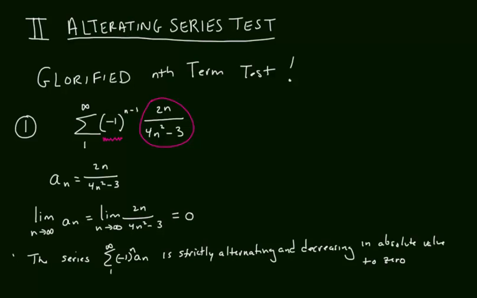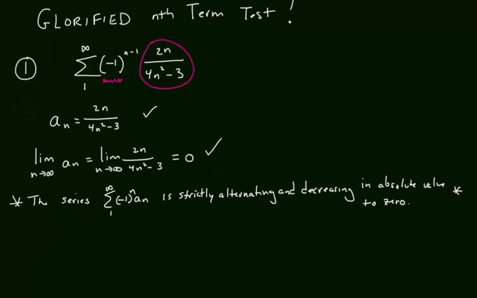That's actually the buzz phrase that you want. You don't necessarily need to say this, you don't necessarily need to say that, but if you say this, the series is strictly alternating and decreasing in absolute value to 0, then we're going to say this series converges by the alternating series test. So that phrase in a star is the one thing you're going to need to remember to say.